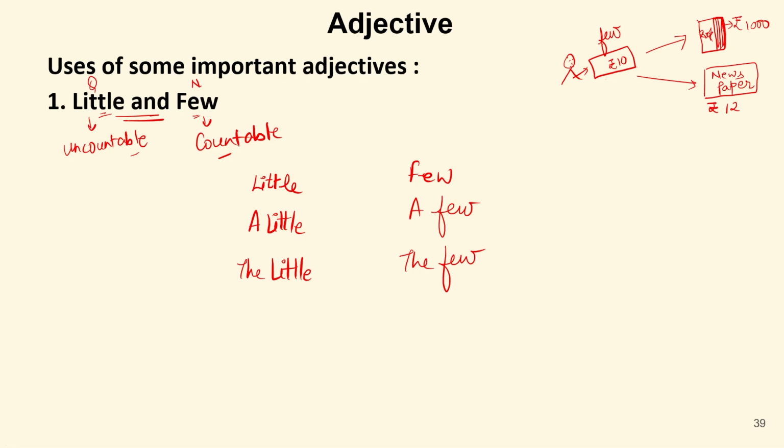But these 10 rupees have some value in front of 12 rupees, though it has no value in front of 1000 rupees. He can say that he may give 2 rupees afterwards, or he may get a 2 rupee discount, or anything can happen.